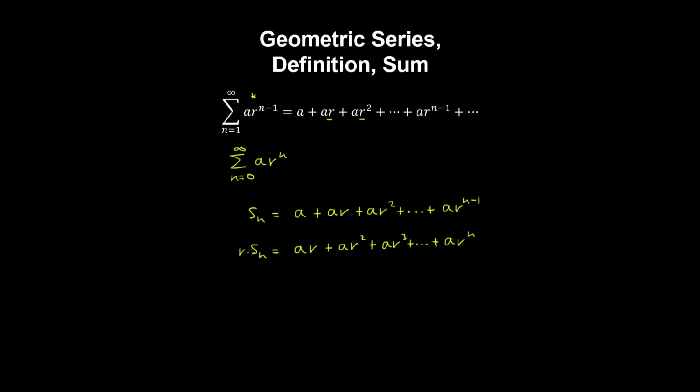And now if we subtract the second equation from the first, we obtain the following expression. And on the right hand side, you can see that all these terms are going to cancel, except a and ar to the n. Now if we factor out a and divide through by 1 minus r, we obtain the following result.